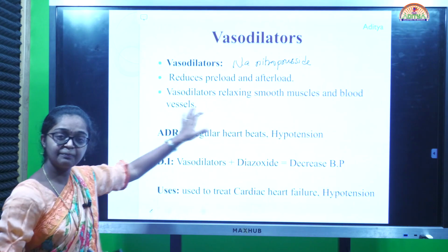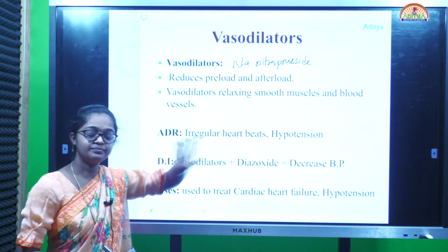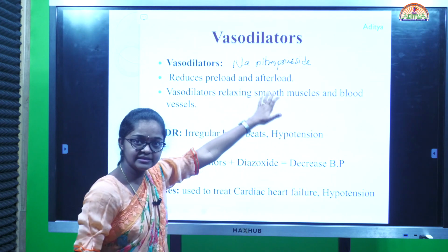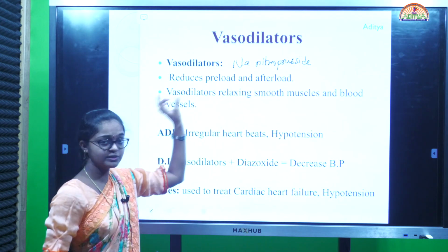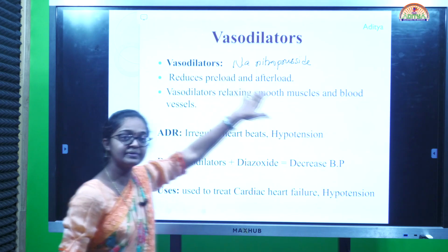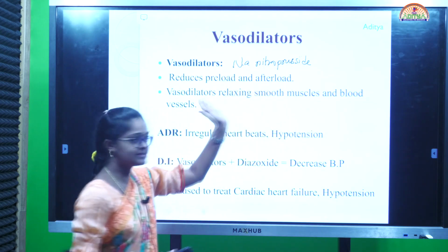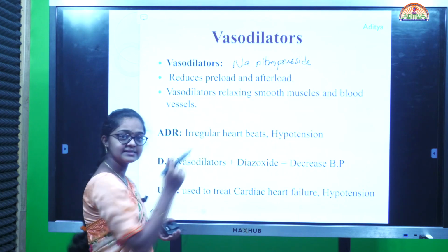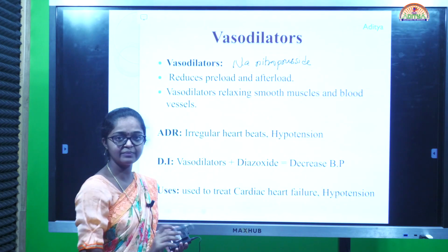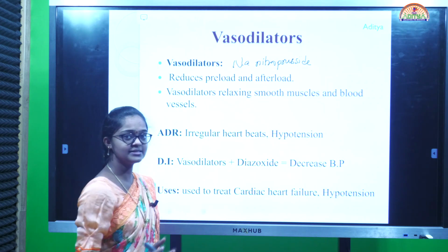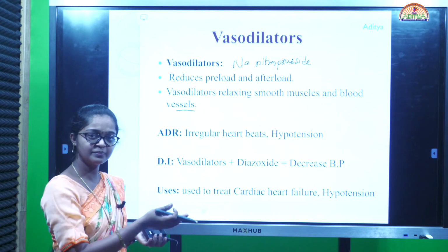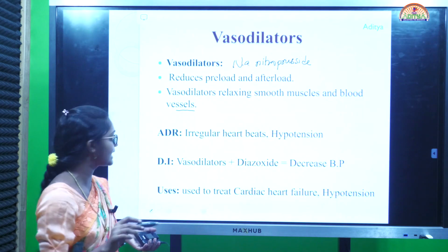It reduces the preload and afterload, and the force of contraction will reduce. The main mechanism of action of vasodilators is relaxation of smooth muscle, which causes blood vessel relaxation.